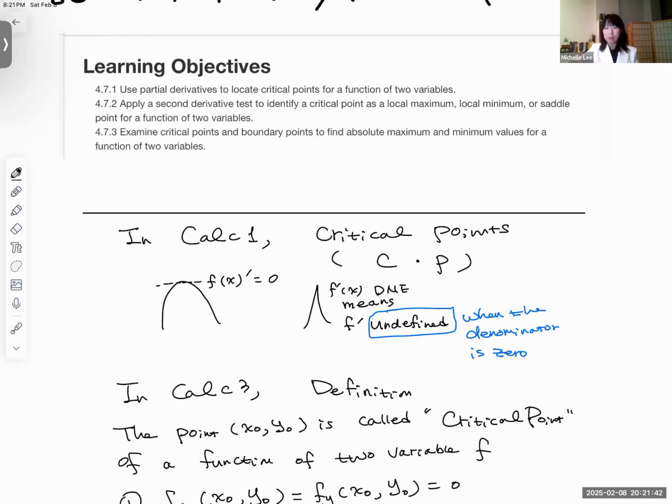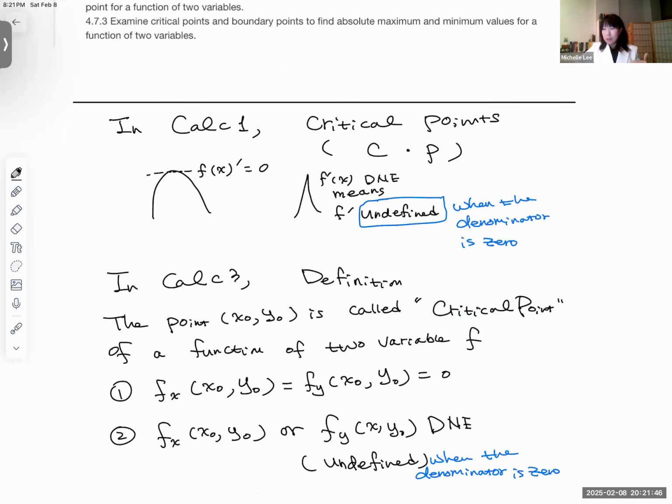Same concept: we do the partial derivative with respect to x and with respect to y, and then set them equal to 0. We need to find the values of x and y because we need 2 coordinates. Before, we had only x for the critical value, right?